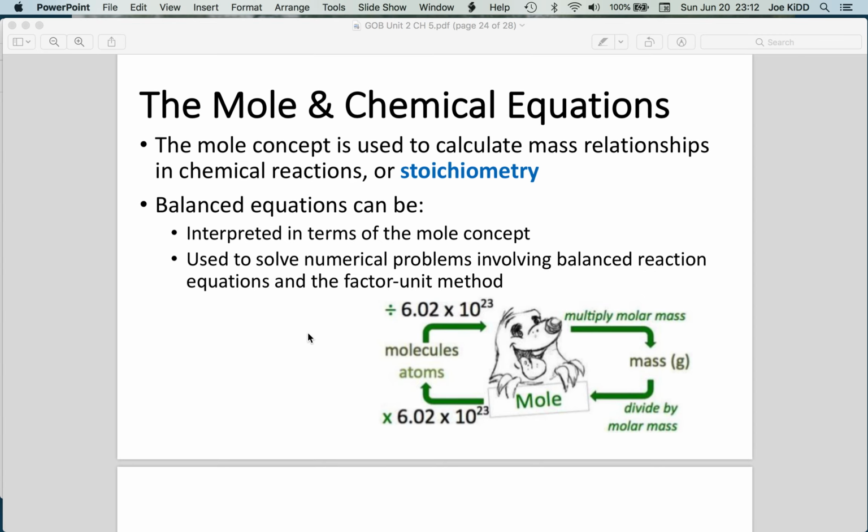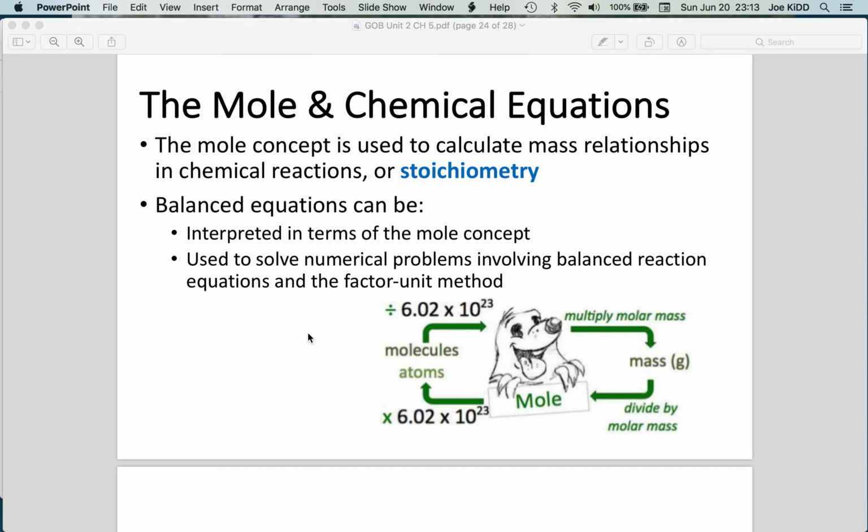So up until this point, we've been talking about balancing chemical equations and the different kinds of reactions there are, the different types of ways we can write the equations. But now it's really important that we start talking about what I had mentioned earlier, where we start saying, well, what if I knew how many of one type of reactant I had, and that would be able to tell me how much product I had.